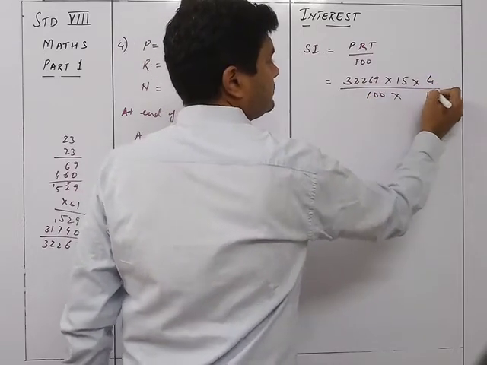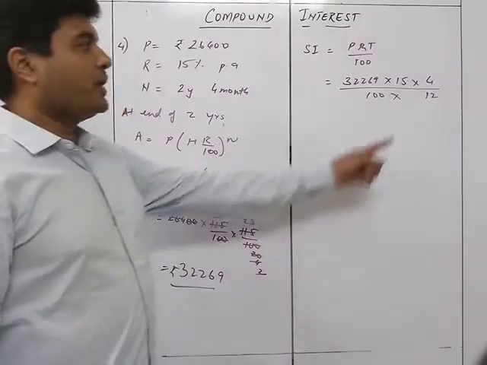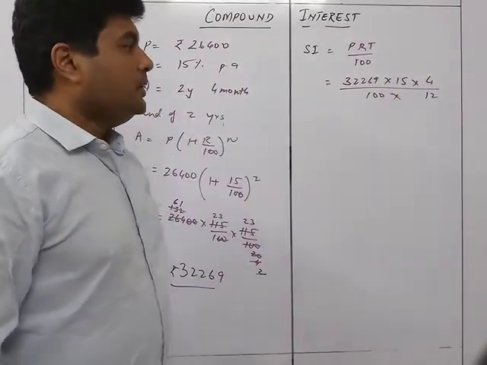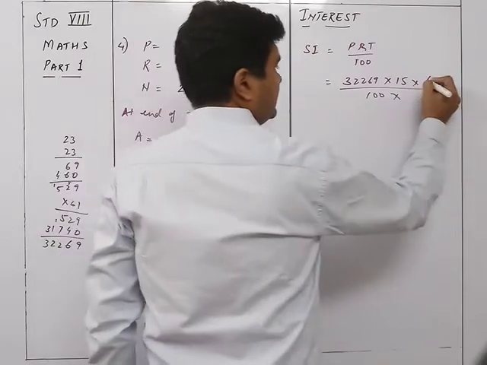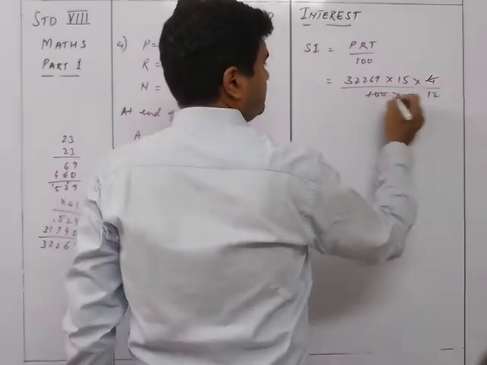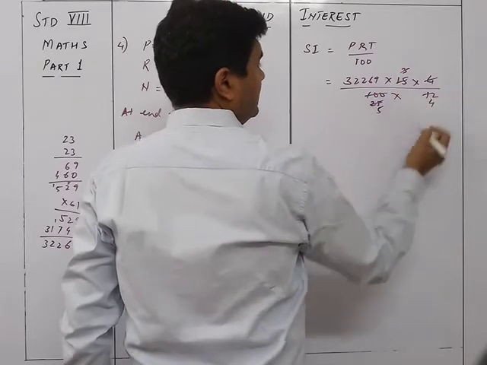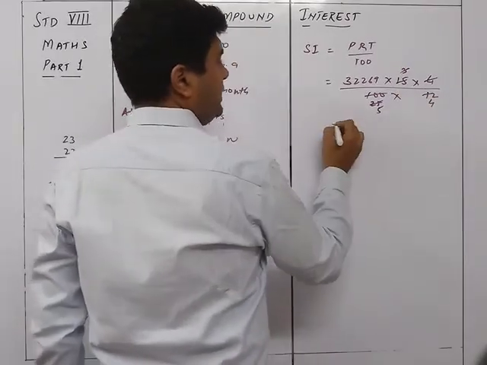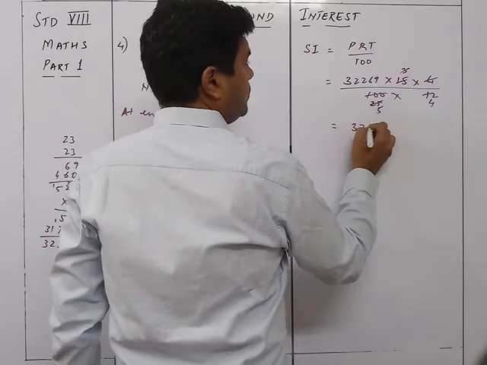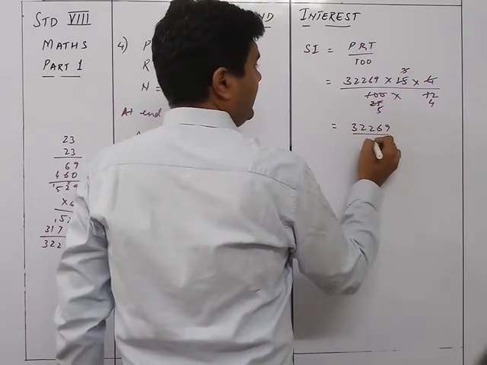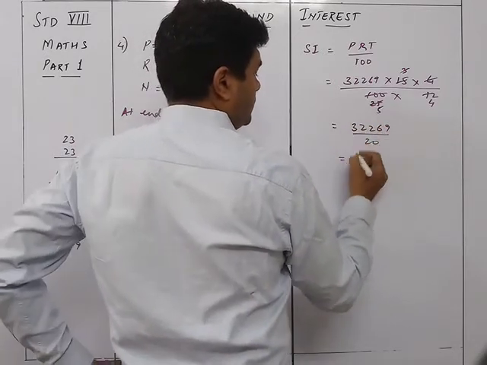Right? So this will be equal to 32269 upon 20.